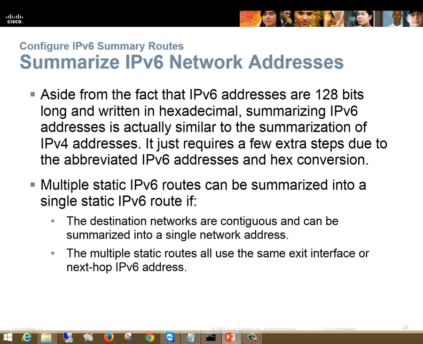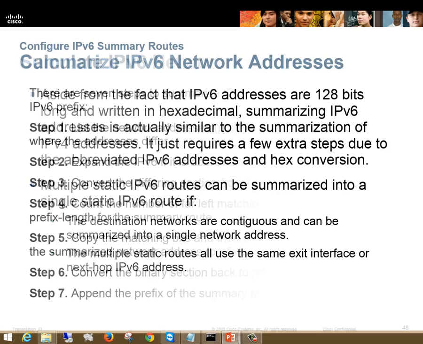And remember, the two colons together indicate that there are zeros in there. Multiple static IPv6 routes can be summarized into a single static IPv6 route if the destination networks are continuous and summarized into a single address, and the multiple static routes all use the same exit interface or next hop.